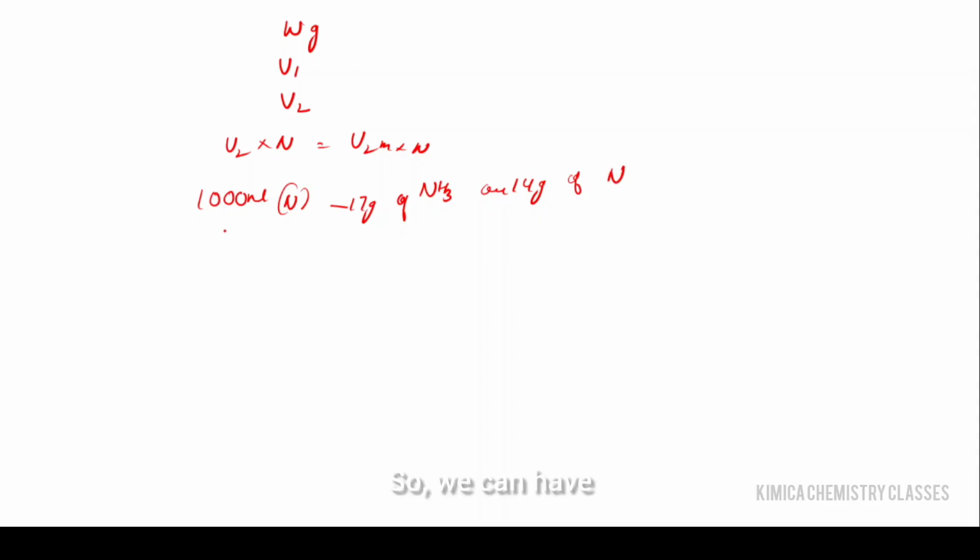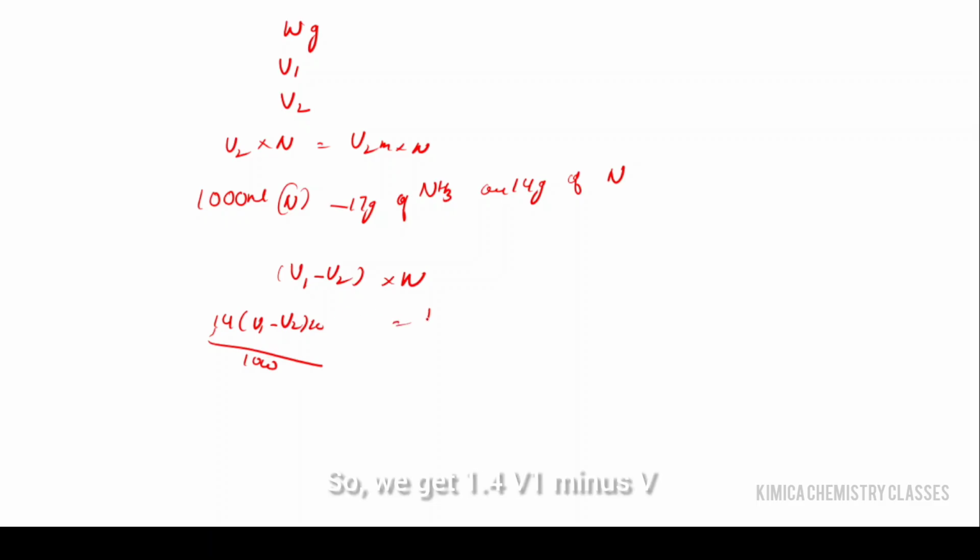So we can have V1 minus V2 into N, and we can calculate here 14 by 1000, right? So we get 1.4 (V1 minus V2) N by W.